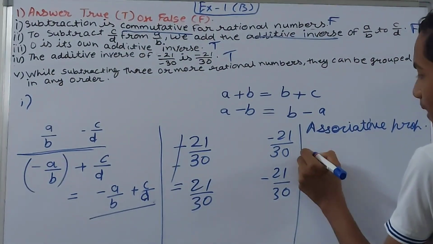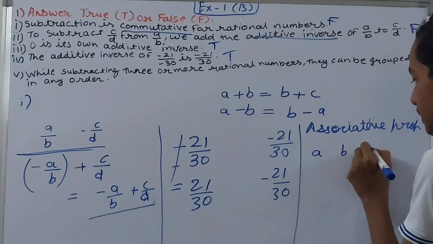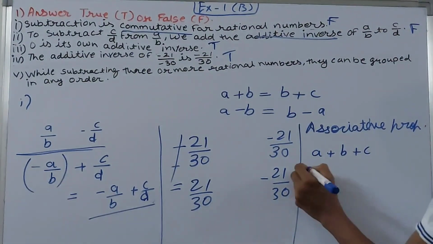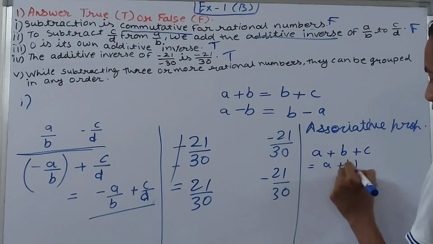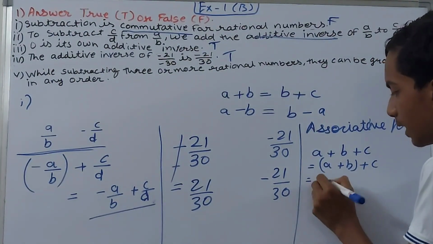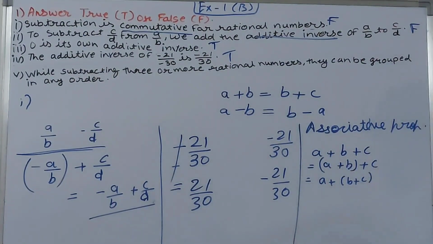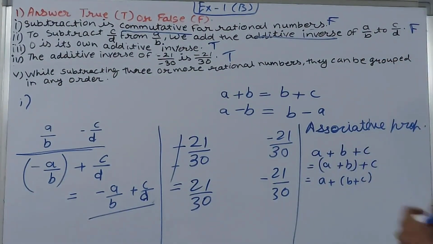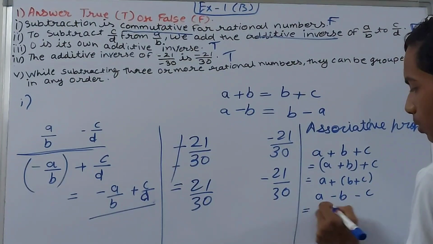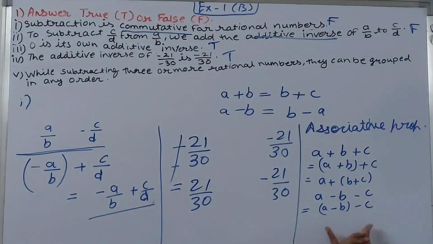Let's say I have A, B and C, first for addition. I can do it as A plus B, plus C, and also as A plus, B plus C. It is the same. The only thing I have changed is the brackets. But if I come to subtraction, if I have A minus B minus C, can I write this as A minus B, and then minus C, or in another grouping?